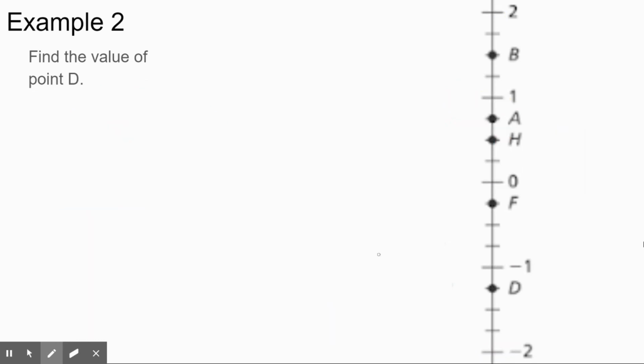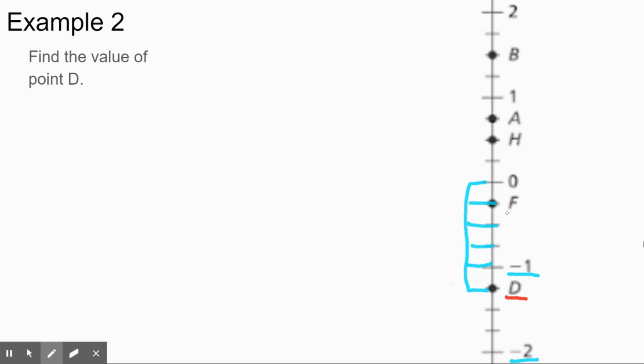Now let's do the same thing, but for point D. This time, D is down here, which means it's going to be a negative number because it's between -1 and -2. Now, you might be very tempted to say, let's just make a box, as we do, and use the same strategy that we just used.